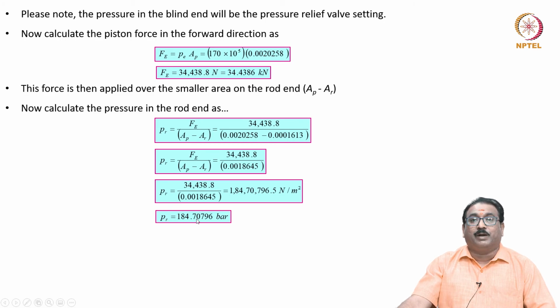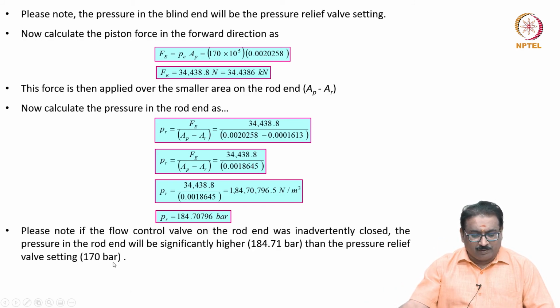184.70, but the maximum pressure setting, how much is it? 170 bar I am setting, but in return how much? 184.70, which is very high, and will lead to wear and tear of the rod area seals.